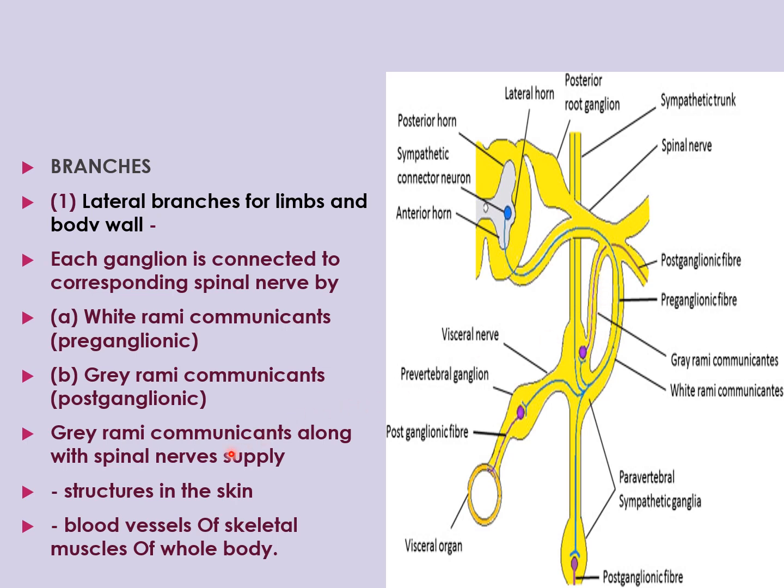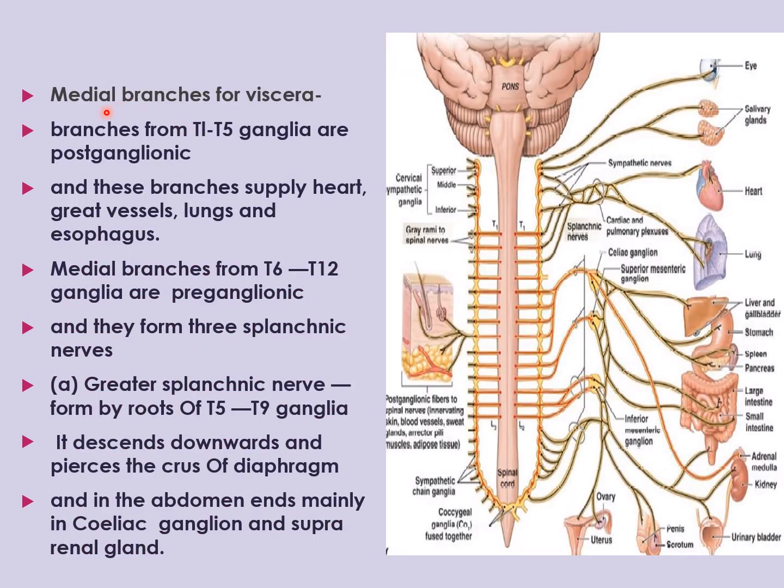sympathetic fibers. So the gray rami communicantes, along with the spinal nerves, supply the structures in the skin, blood vessels, and subcutaneous muscle of the whole body. Now medial branches for the visceral organs. Branches from T1 to T5 ganglia are postganglionic.